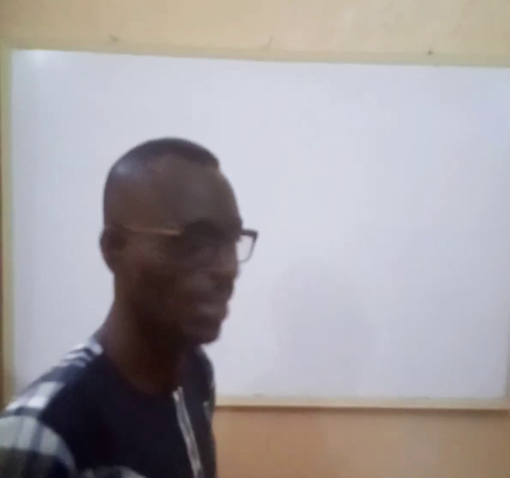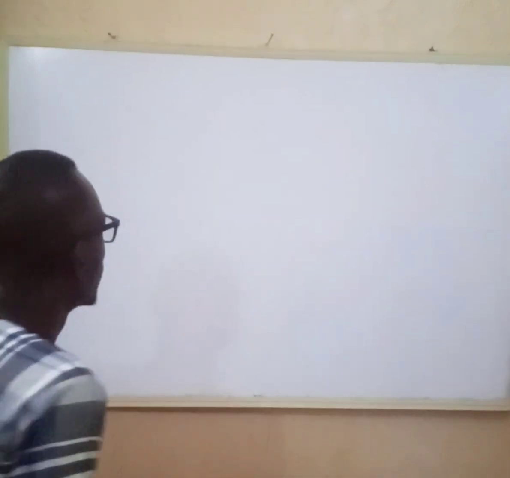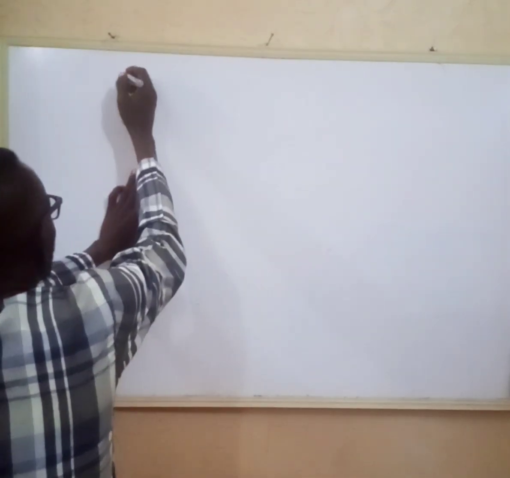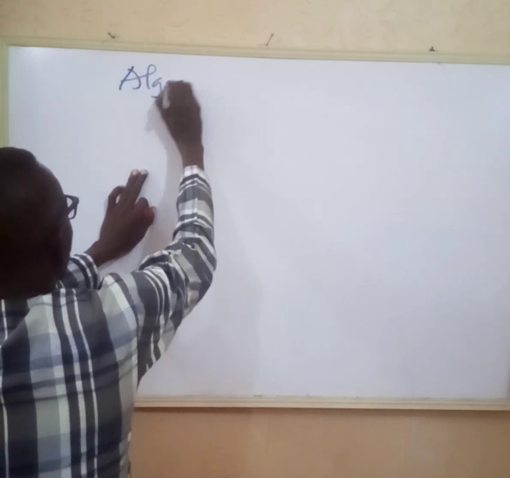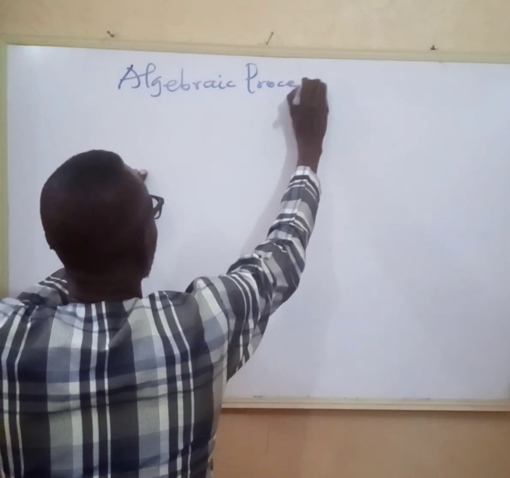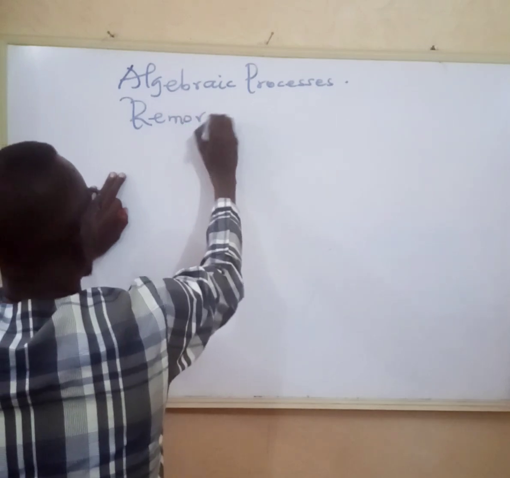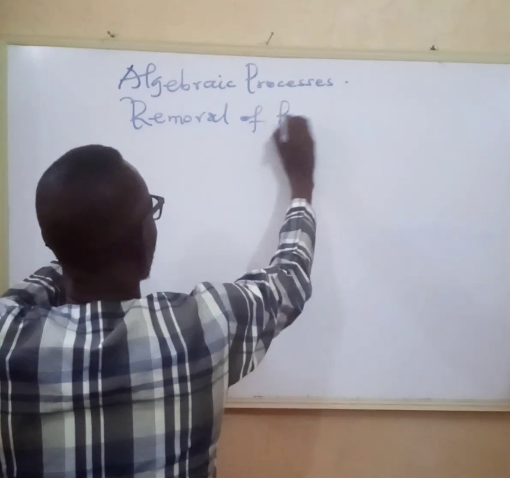In our video today, we briefly want to look into exercises involving the removal of brackets and how we can transform that into a concrete aspect. Let's look into the previous video we did on algebraic processes, where we talk about the removal of brackets.